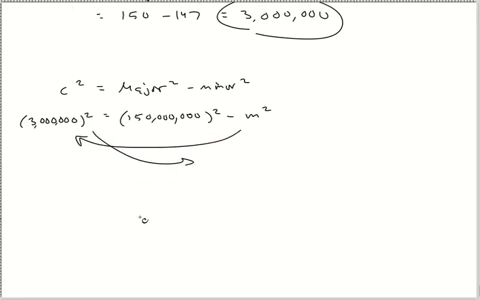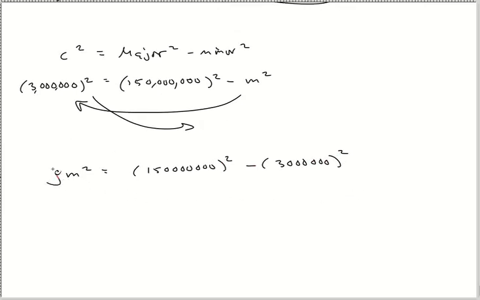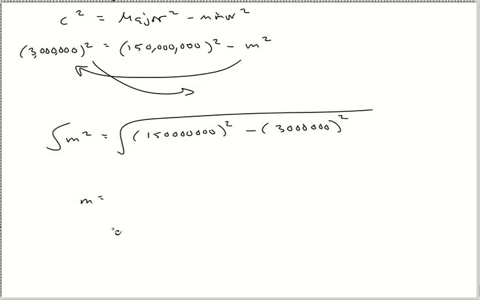I'm going to move these two guys. So little m is equal to the 150,000,000 squared minus 3,000,000 all squared, and then you're going to square root both of them. What you actually end up with, crazy stuff here, is scientific notation. In fact, I'm not going to square root them.